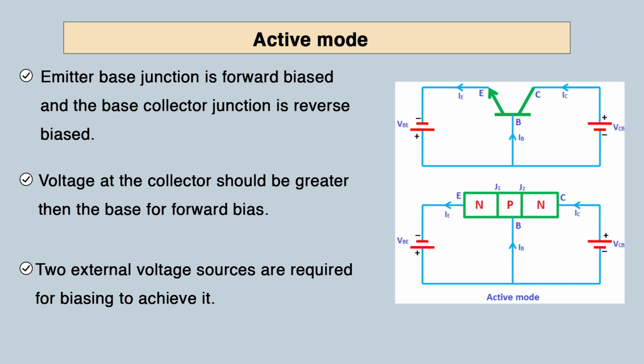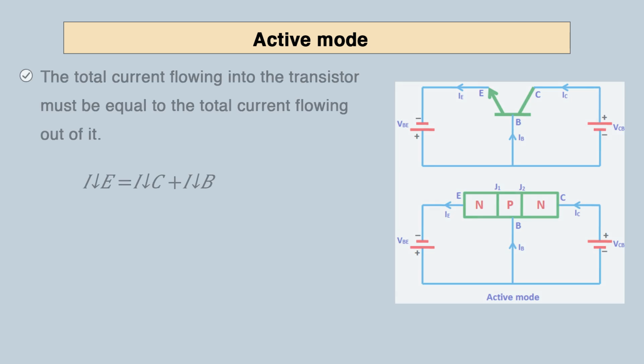Here the collector is provided with the positive terminal and the base is provided with the negative terminal. Hence, the emitter base junction goes in the forward bias condition and the collector base junction goes in the reverse bias condition. So, here the total current IE will be the sum of the collector current and the base current.